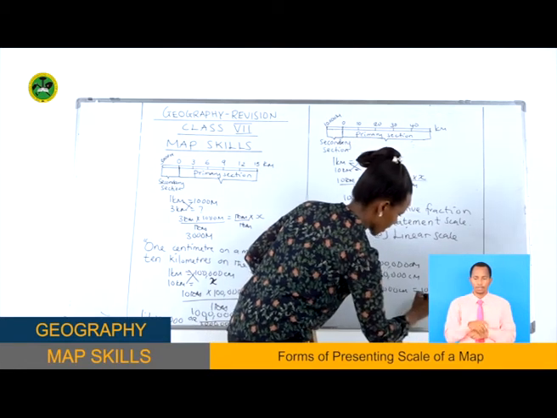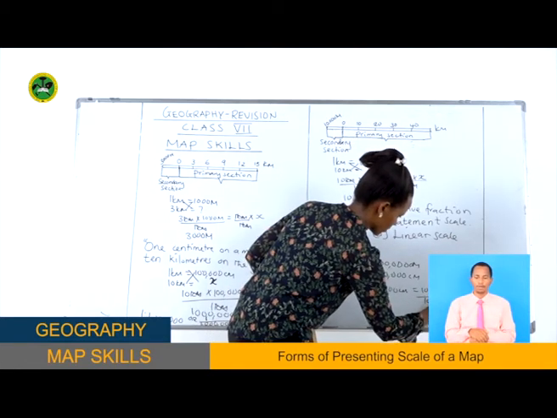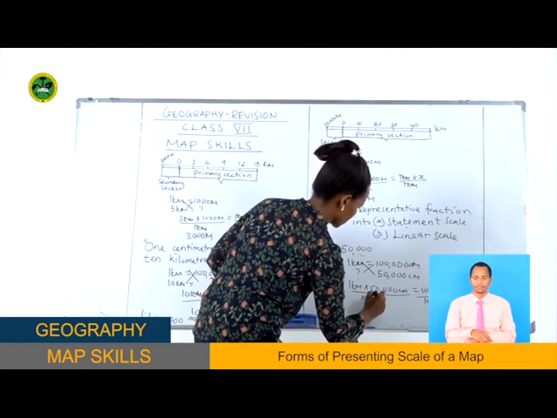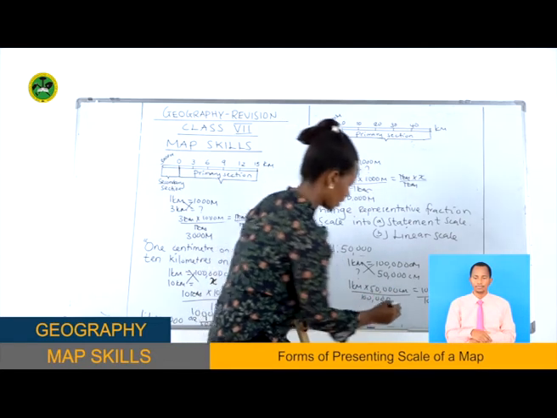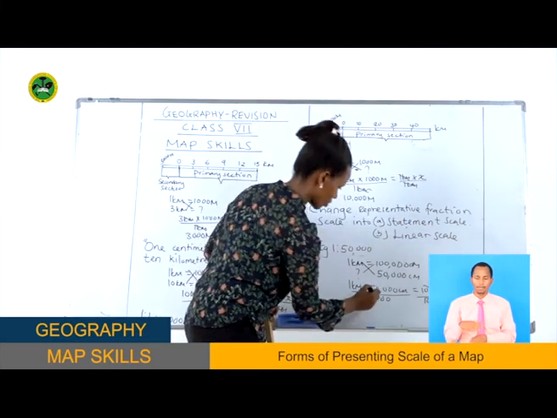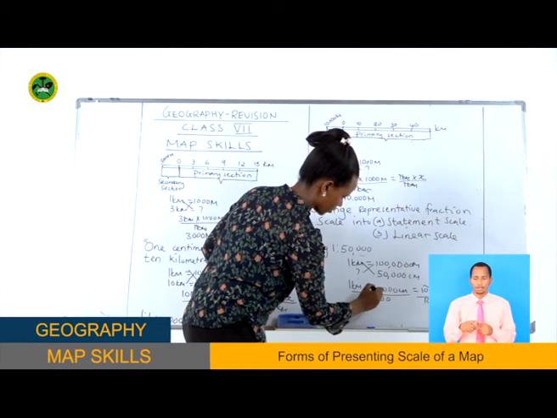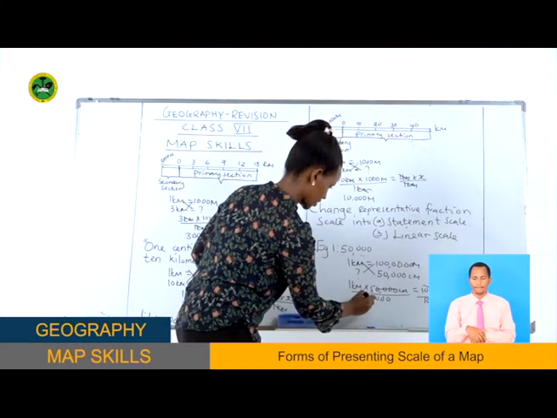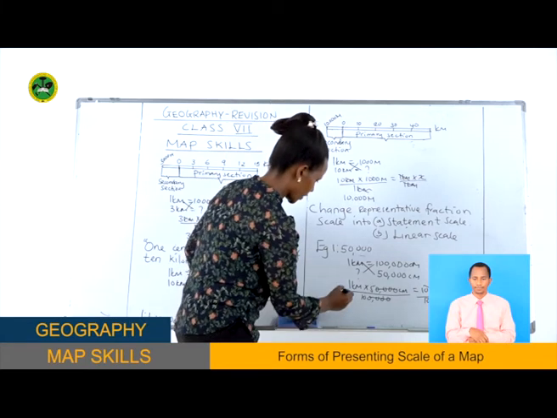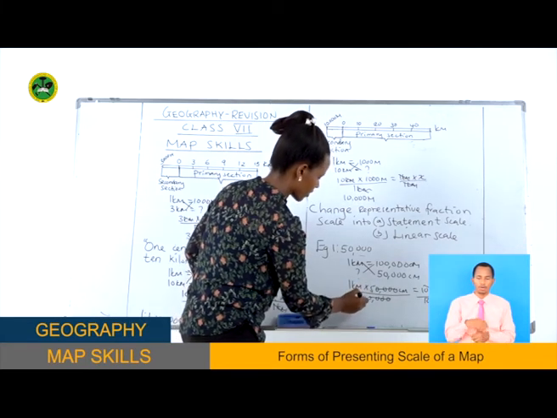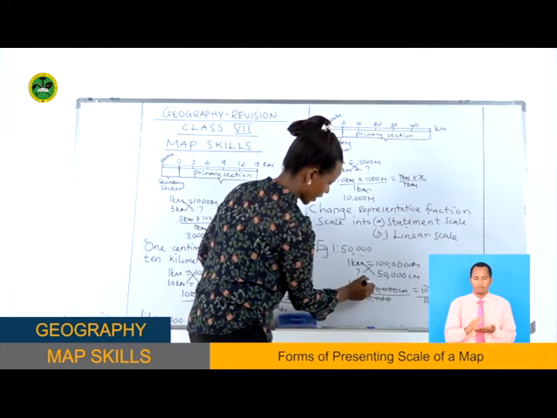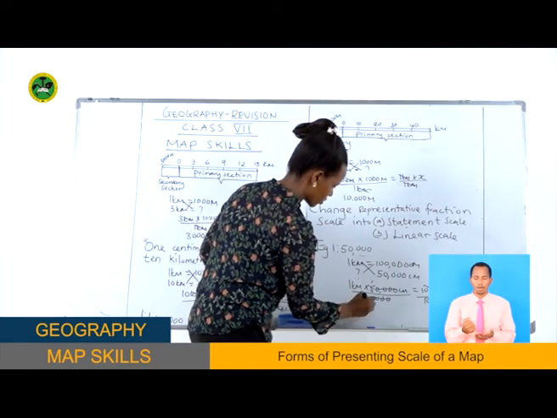Then divide by 100,000, divide also by 100,000. Then this 100,000 and 100,000 have gone. Here we have 1, 2, 3, 4 zeros, and the 4 zeros also have gone. Here we have 1 kilometer times 5/10. We can just simplify by 5/1 by 5/2.